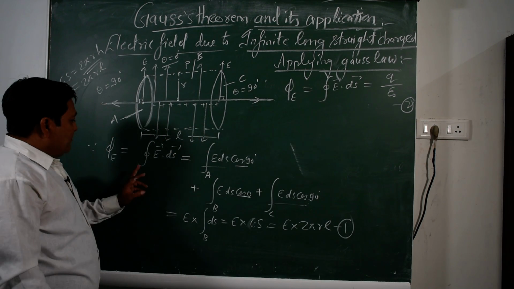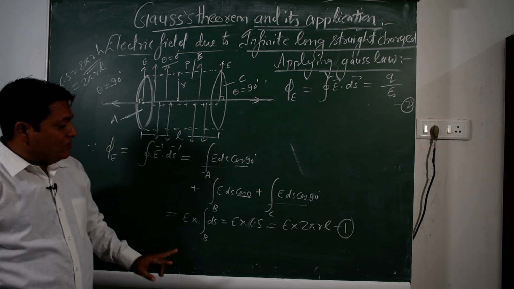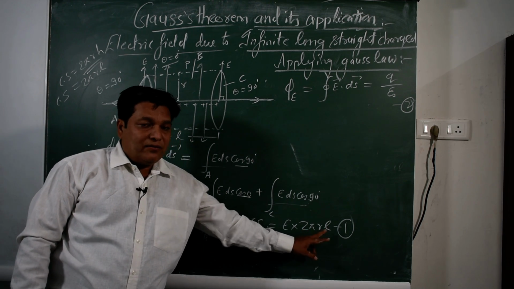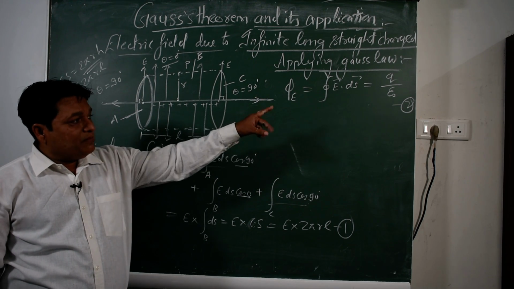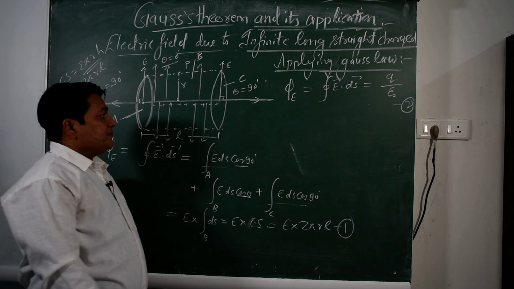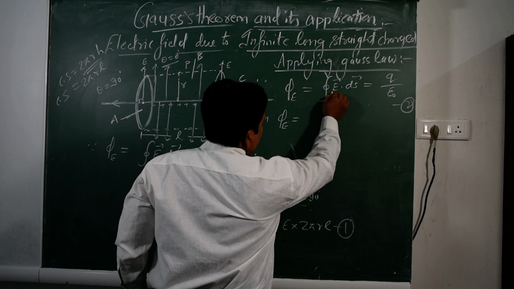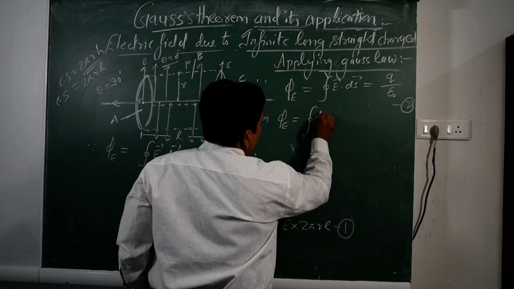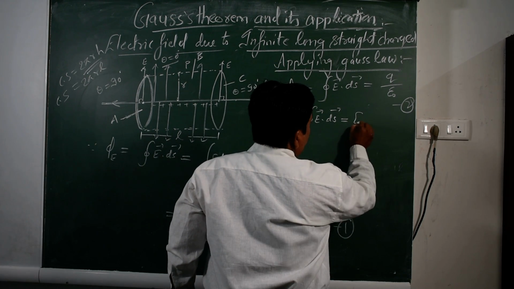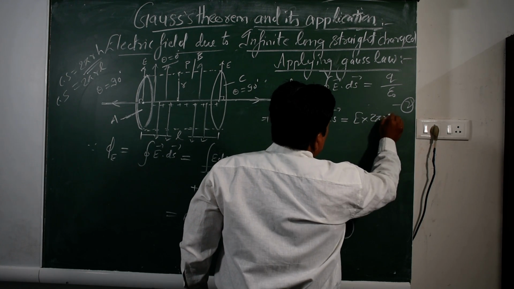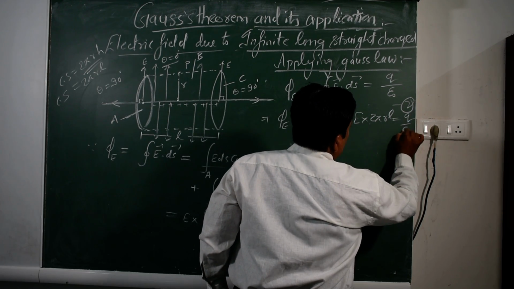Now the value of the closed integration of vector E dot vector ds is how much? E into 2 pi r L, from equation number 1. We place this value in equation number 2. It implies that phi of E, which is E into 2 pi r L, is equal to Q upon epsilon naught.